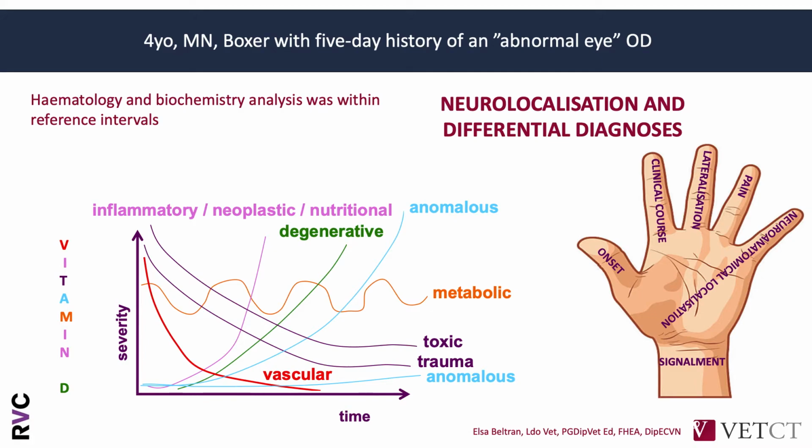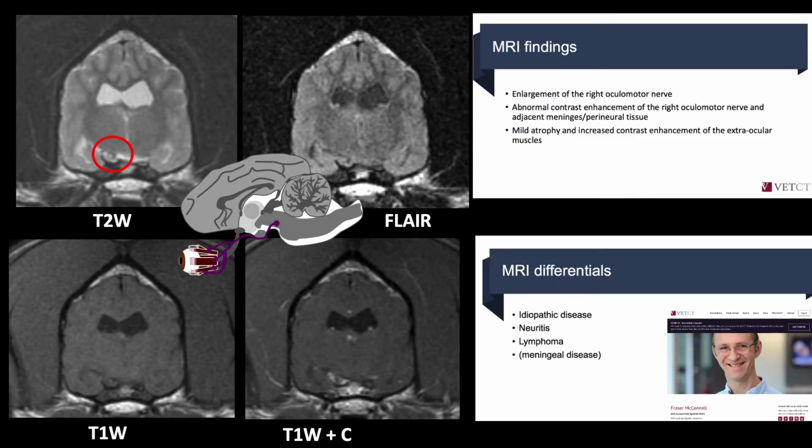So mainly inflammatory, infectious, or vascular, because there were no obvious signs of it being progressive. However, we only have a 5-day history. So I strongly recommend that you watch the video from Fraser McConnell, where he explains the MRI findings in this case.